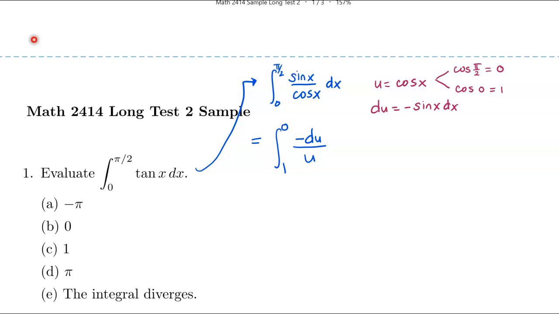But then there's a negative sign here, so I could take out that negative sign, and then there's 1 to 0 here, 1 over u du. If I invert these two, that would just be the negative of the negative, so that makes it positive. So that will now be the positive integral of 1 over u du from 0 to 1.